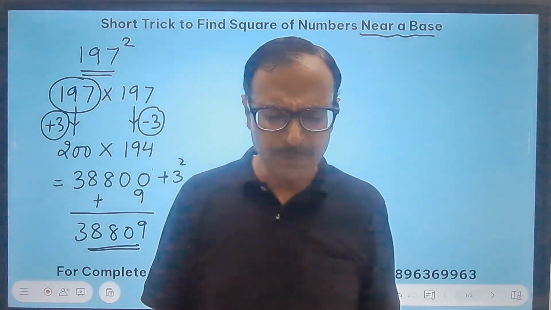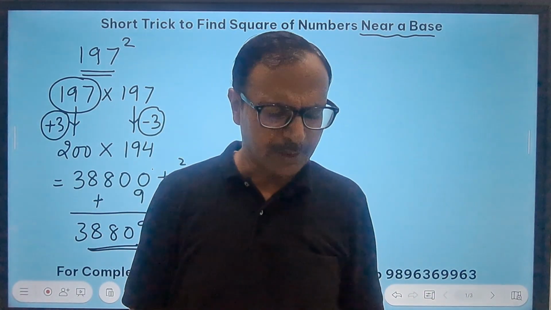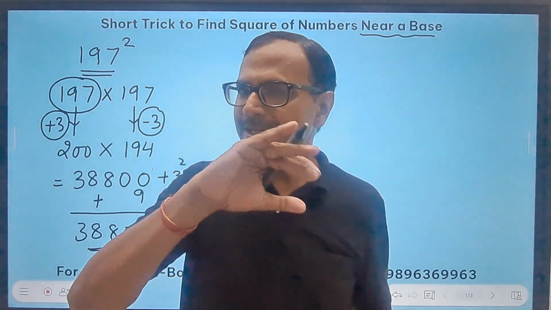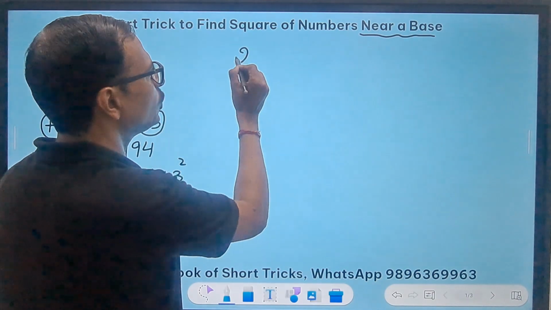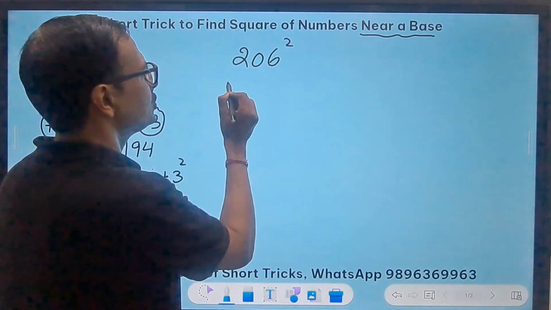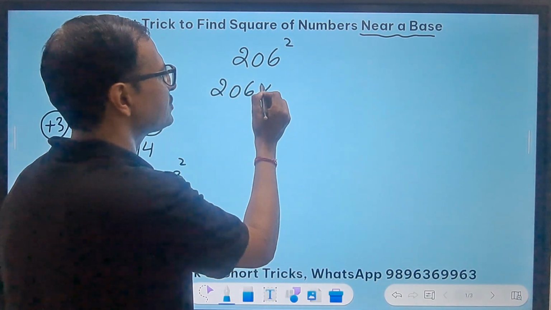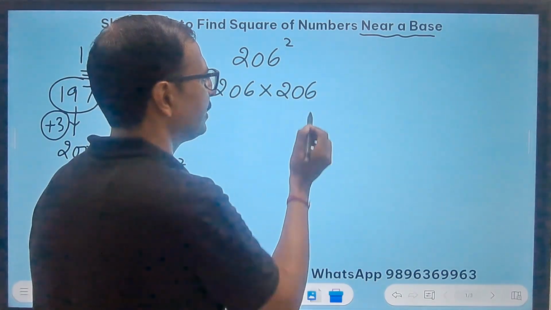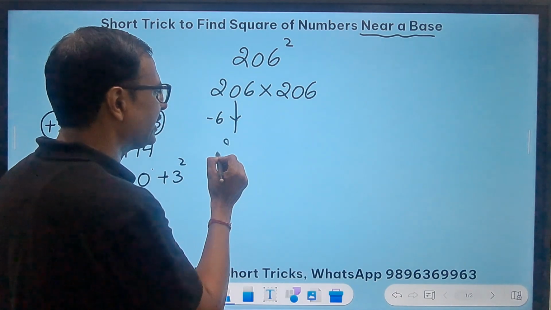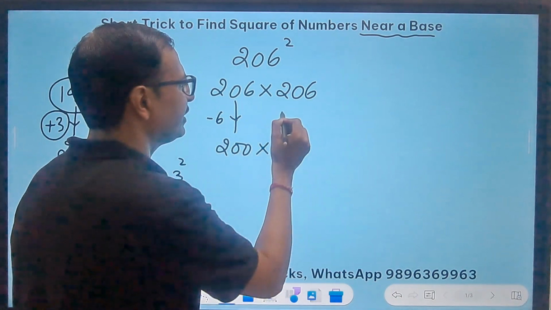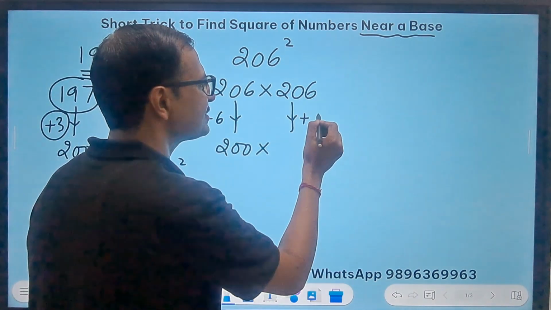So I'll take one more number very close to 200, but this time it will be more than 200. How about taking 206 square? So this is 206 times 206. Now if I reduce this by 6, this will become 200. But in that case, I'll have to increase this by 6.